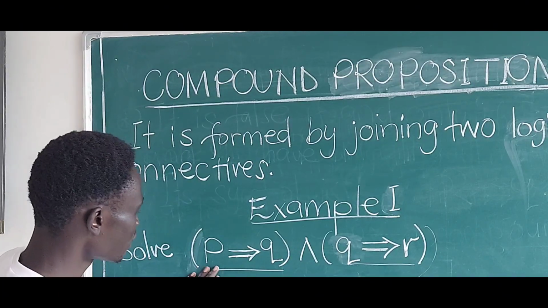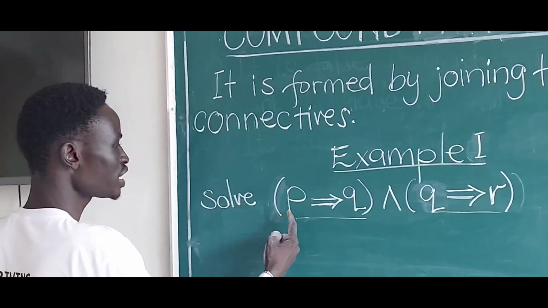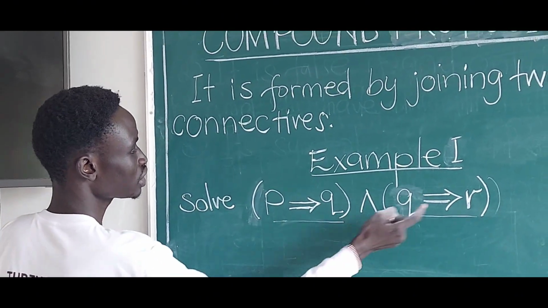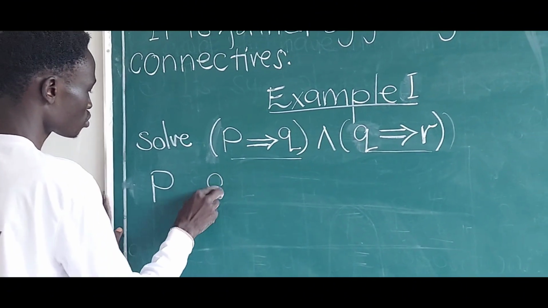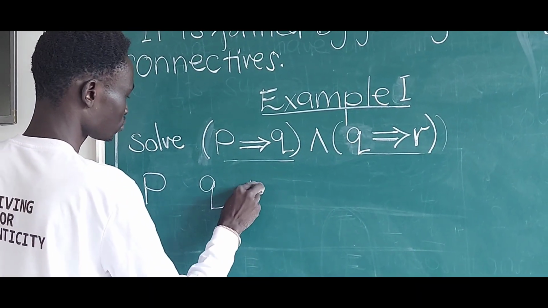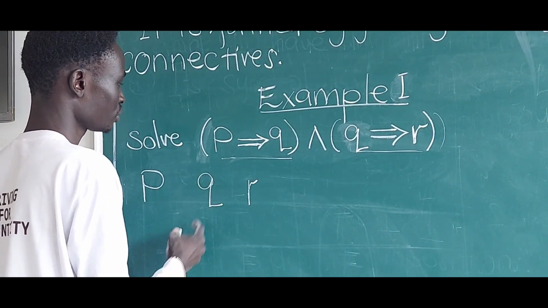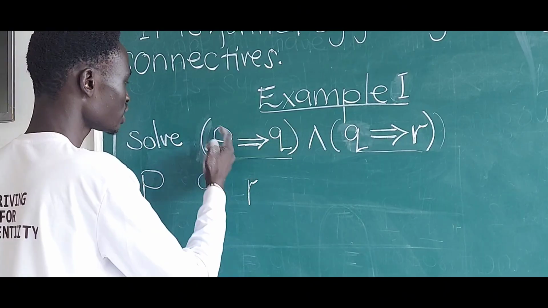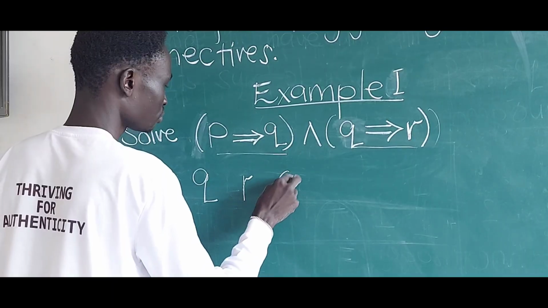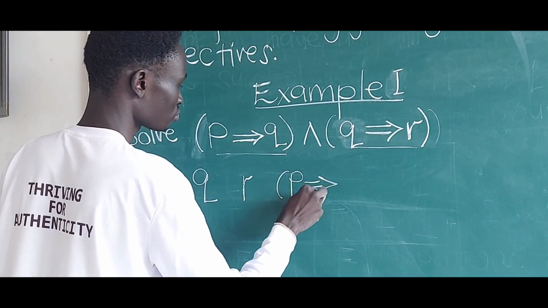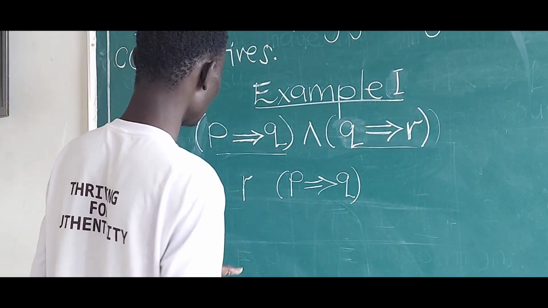Let us see how we can represent this in table form. Here you first write the letters. How many letters do we have? We have P, Q, R. So here you write P, then Q, then R. After writing this, you write the first statement down.